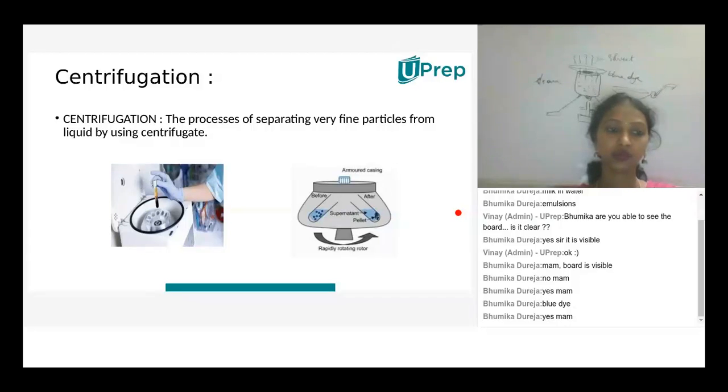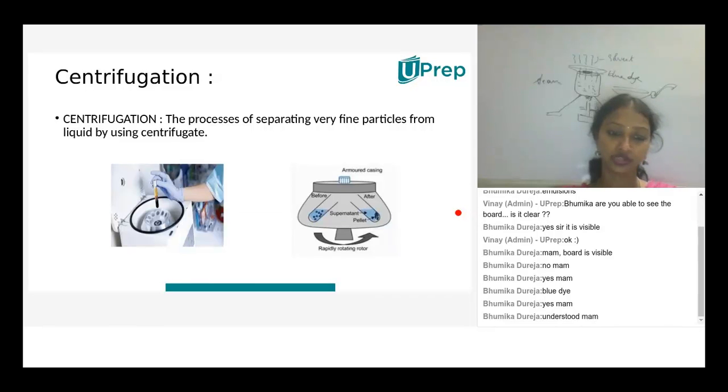Understood or not, Bhumika? Yes or no? So they just take these centrifugation tubes. Have you seen that centrifuge machine out there? You'll have a manual one also. You fit it to the table using a screw.